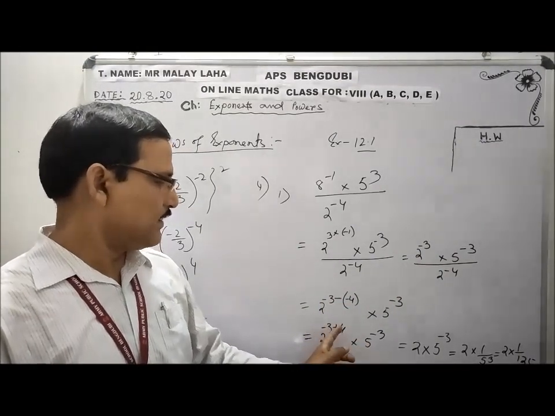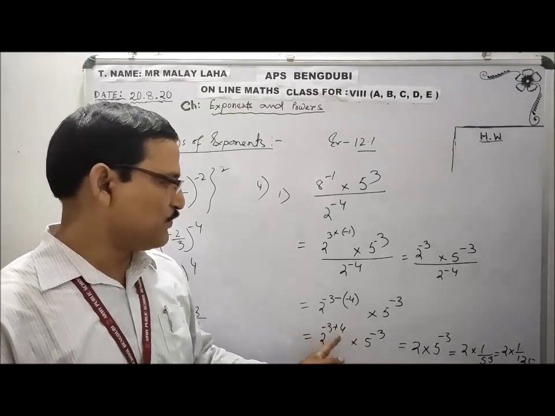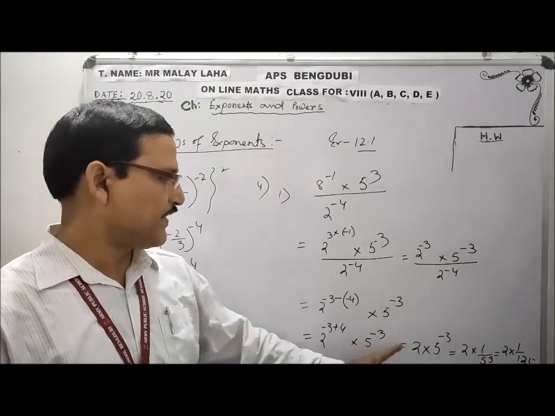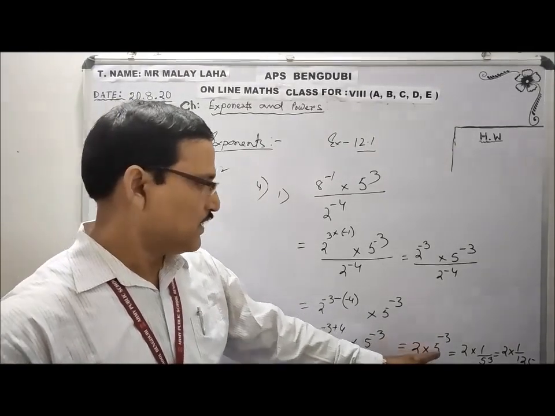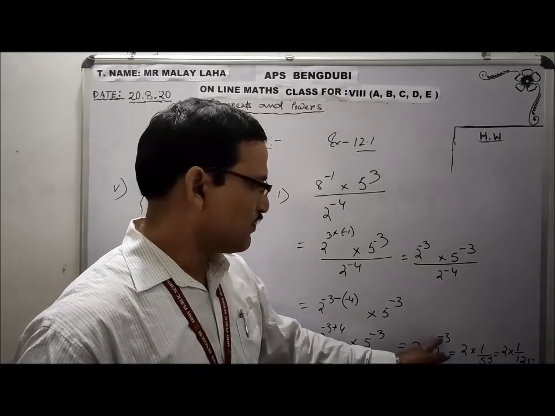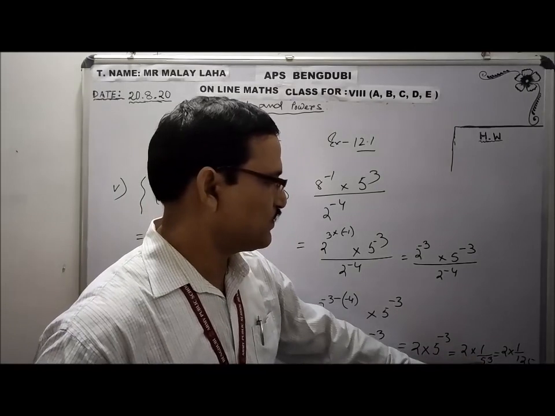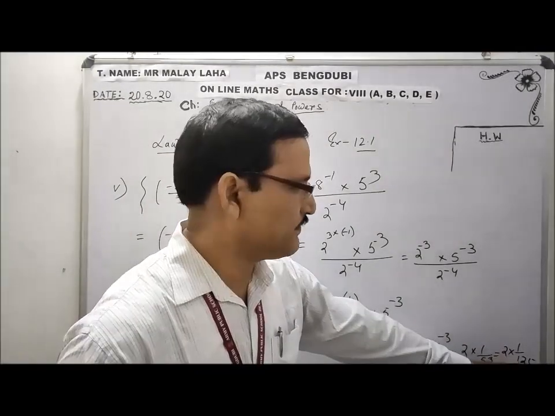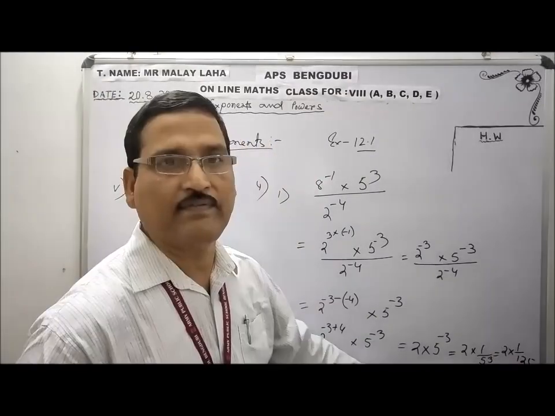After that, if I find the solution of this 2 power, it is coming positive 1, no need to write down. And finally this. Since the instruction is find the value or evaluate, this number you have to write down in a positive form. 1 by 5 raised to 3. 5 raised to 3 means 5 multiplied 3 times, so it will be 125. Finally the result is 2 by 125.